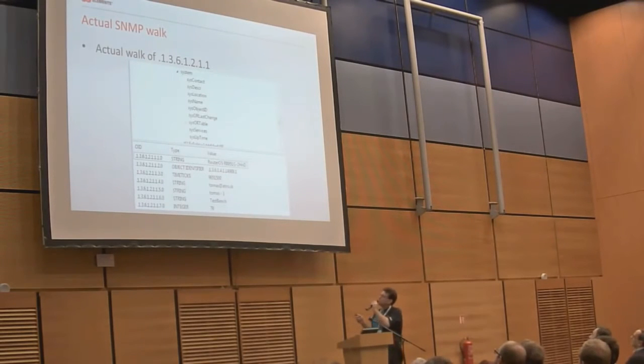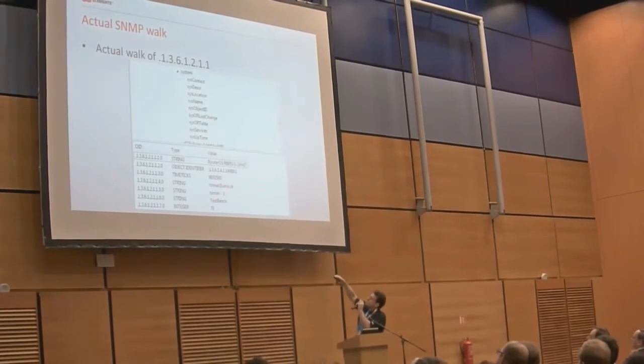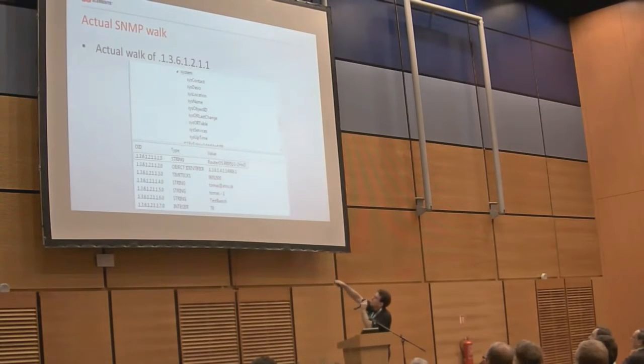Alright, so let's look at an example of an SNMP walk. This OID that we've been mentioning up until now, the basic system information OID, if we do a walk of this OID, and you can see here I have the information of what is what from the MIB, I can see that the bulk of this particular OID gives me a few pieces of information. First of all, what this device is, my email, so the SNMP contact, and the location.